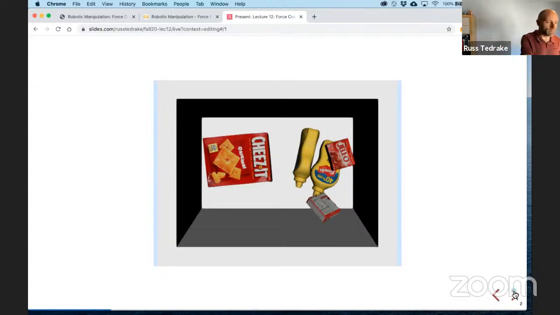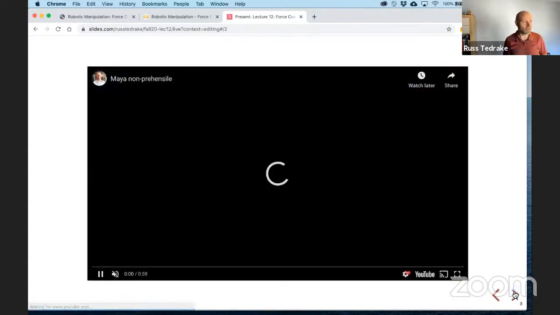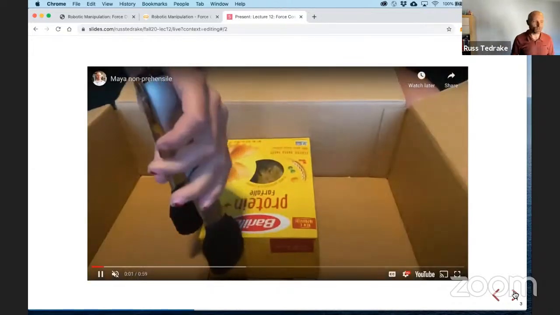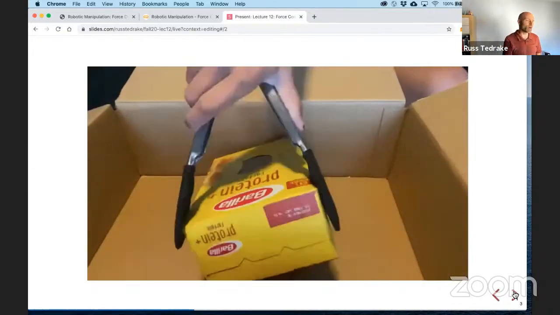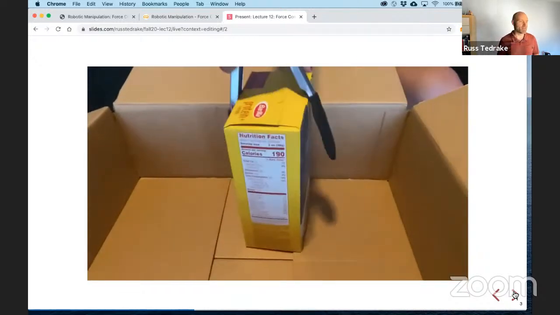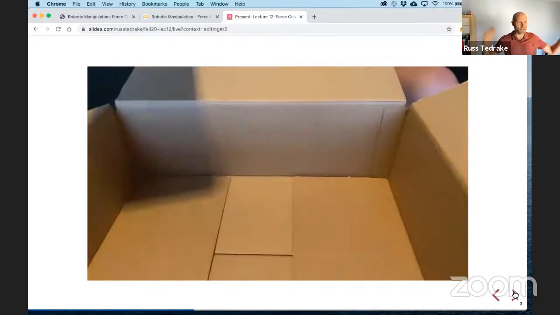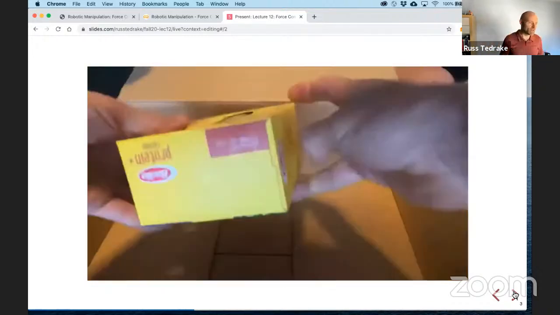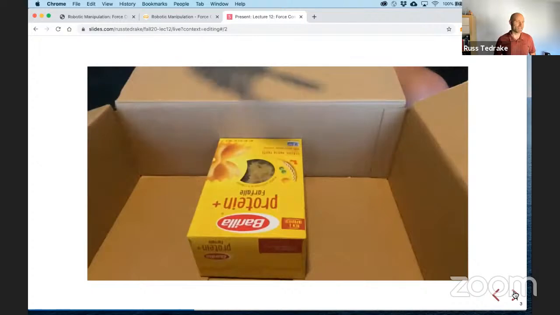So I asked my daughter, like I said, it's a remote week. First of all, she totally cheated. I thought I found a two-finger gripper that was sufficiently small, but she found a way to make it open up even more. And I said, hold on a second, no, put it back, don't do that. Pretend you couldn't have done that, try again.